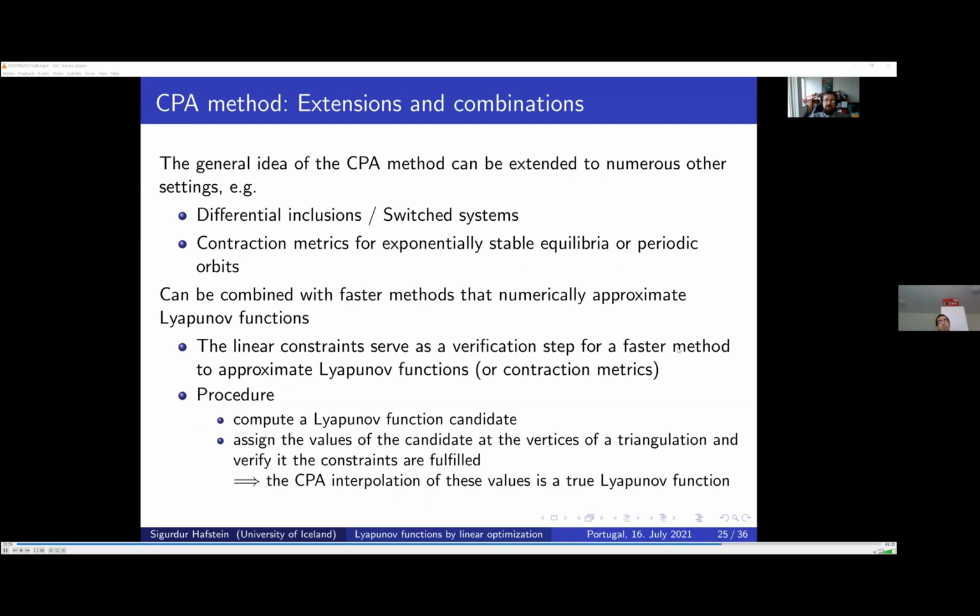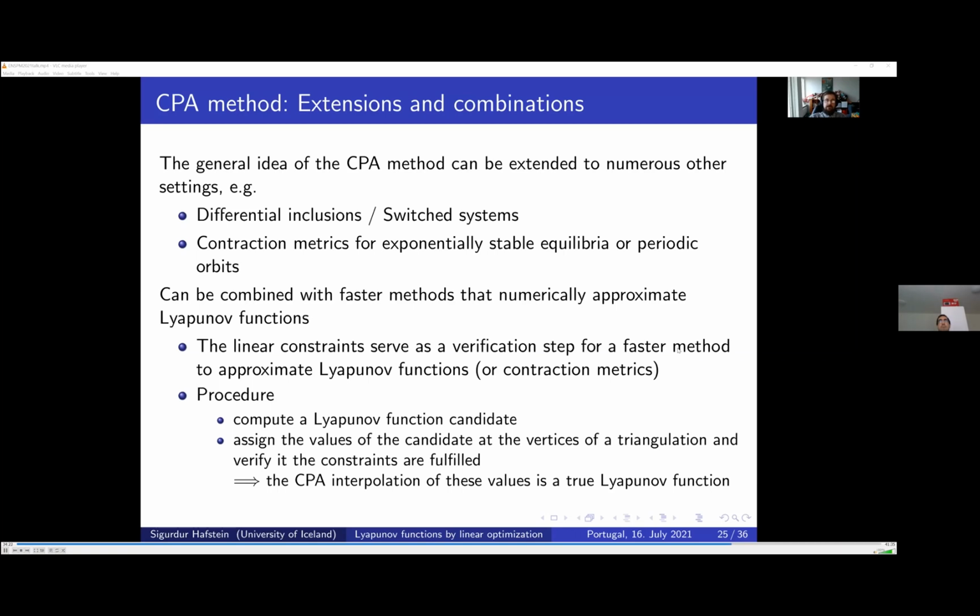And like I said, the general idea can be extended to many other kinds of systems, like differential equations or switched systems, which are almost the same thing. It can also be extended to contraction metrics, both for systems with exponentially stable equilibria or periodic orbits. And what is a very nice feature is that you can combine it with faster methods.